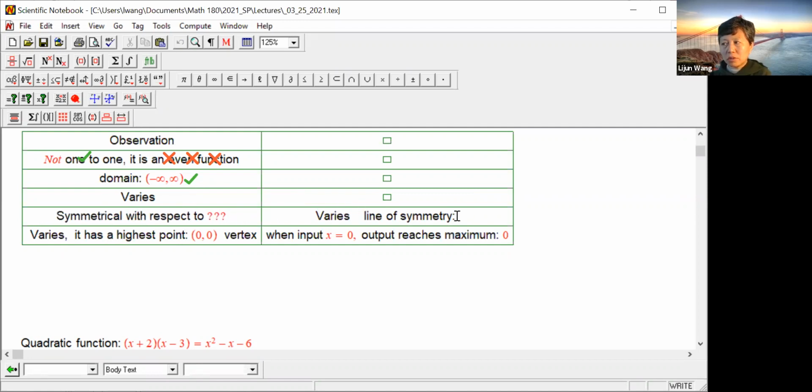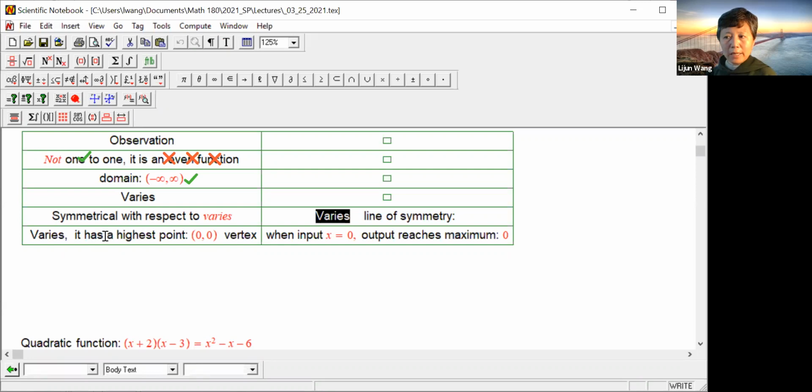The line of symmetry exists, but varies. So symmetrical, yes, we still have symmetry, but with respect to what? That varies.